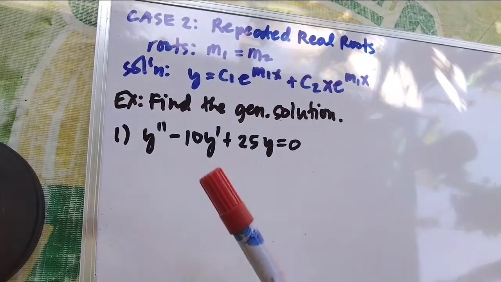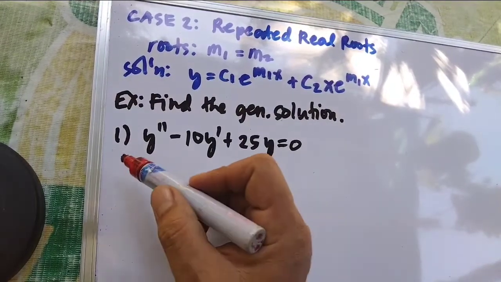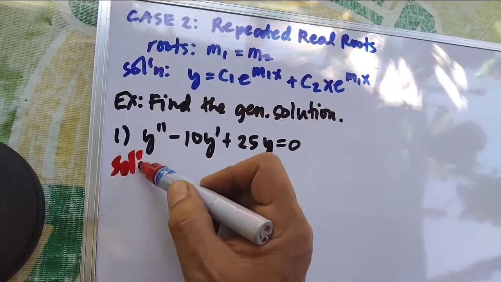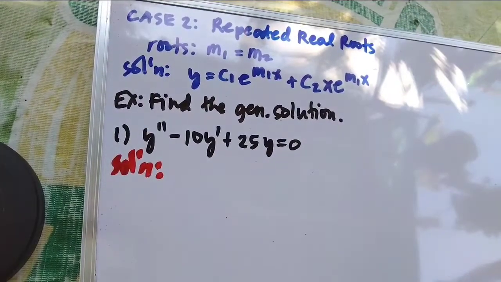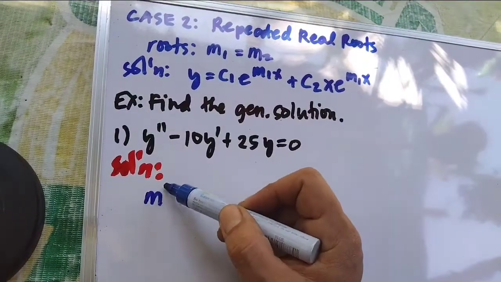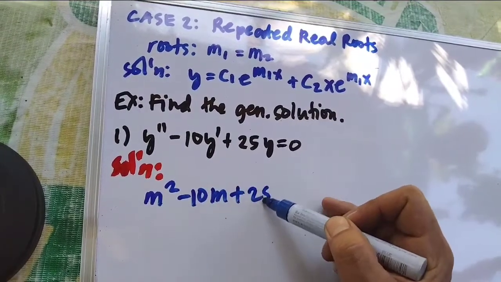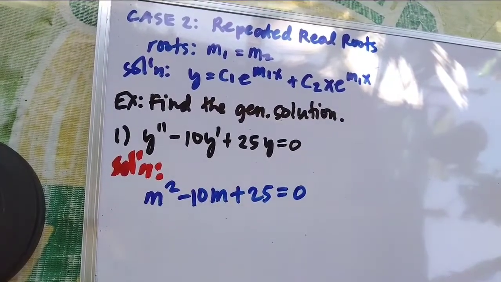Find the general solution of number 1. Okay, so what we're going to do here first, you can still recall, itong buhaton, we write the auxiliary equation. So this becomes m squared minus 10m plus 25 is equal to 0.